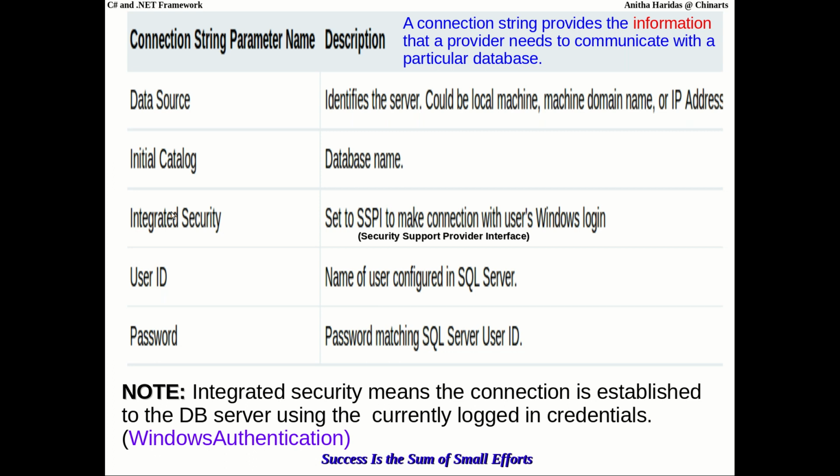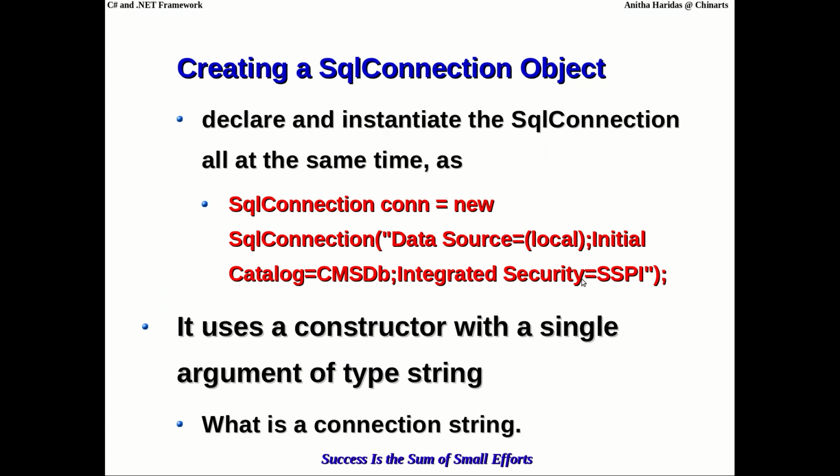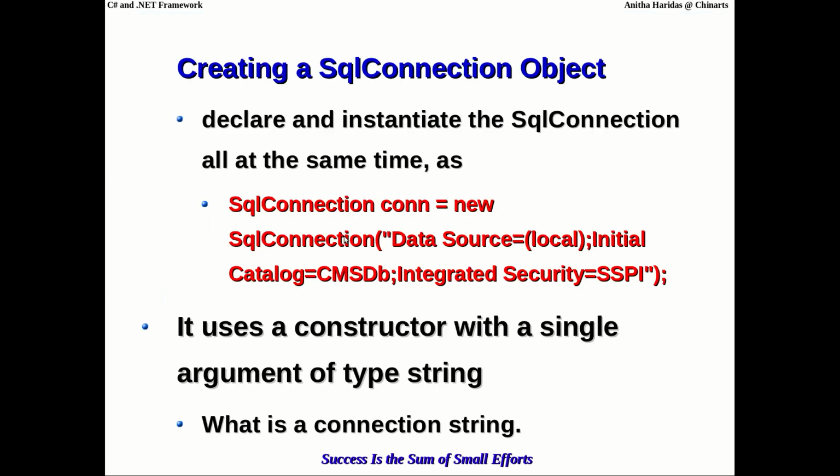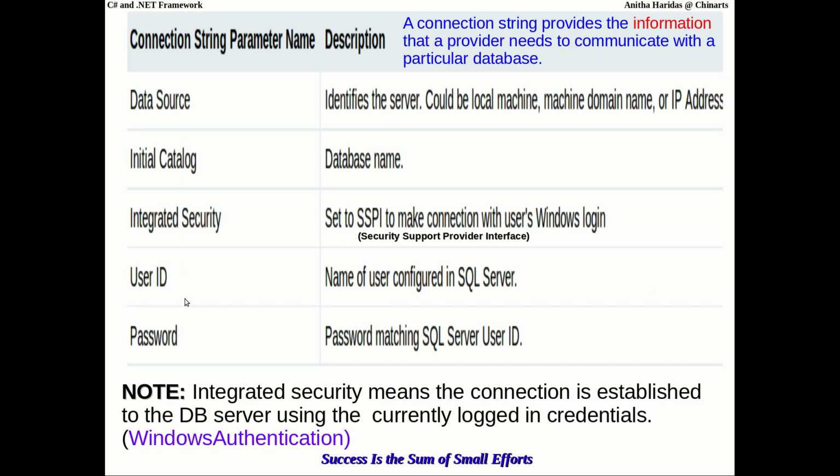If the integrated security value is none, instead of SSPI, then you have to give the user ID parameter and the password parameter. You have to give the fourth parameter as user ID and the fifth parameter as password.